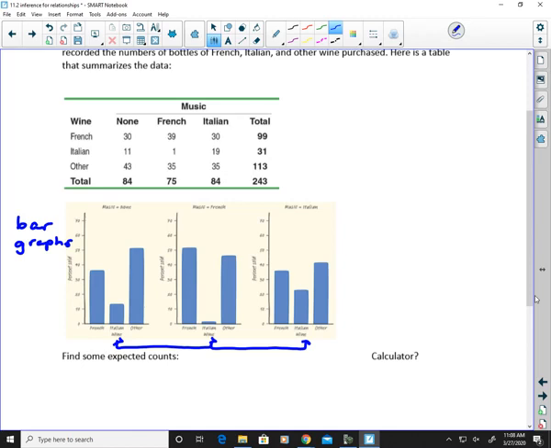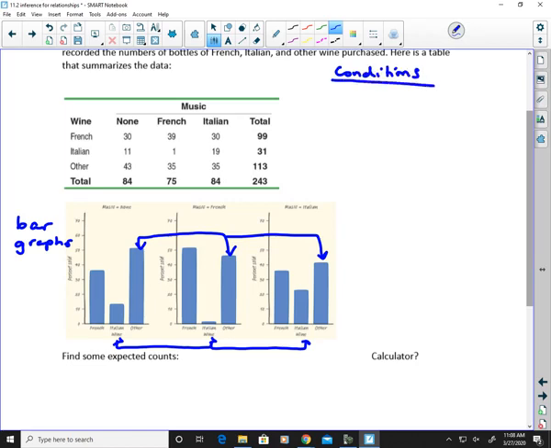And when I look at the other wine, those are very similar levels. But now I'm going to see, is the Italian wine different enough, according to the chi-squared, and when we look at all these contributions together, is there enough to say that something's different? So let's do our conditions for a chi-squared test first.